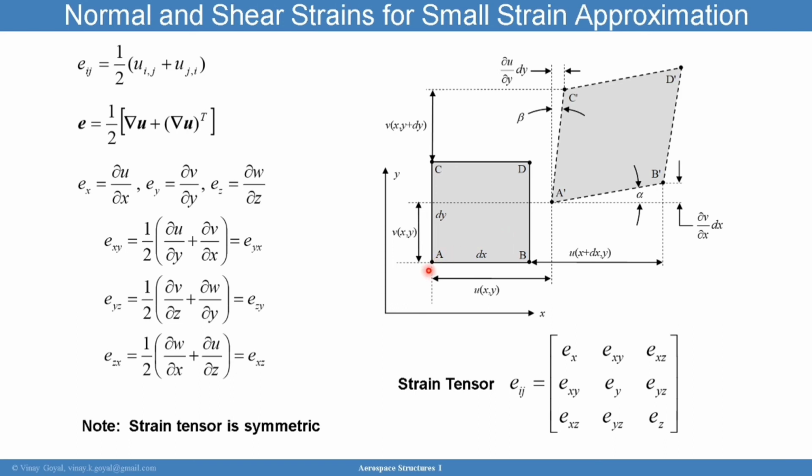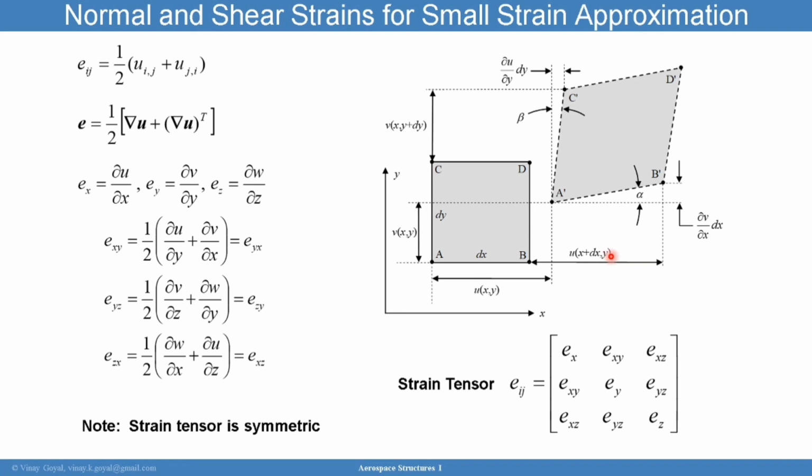I'm going to say it deflects an amount u in the x direction and an amount v in the y direction. This point then deflected more, and it deflected an amount u(x plus dx, y), because this is dx, so clearly the coordinates of this point now are u(x plus dx, y).